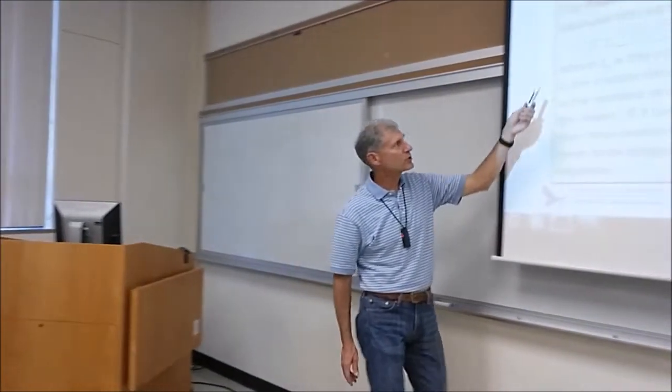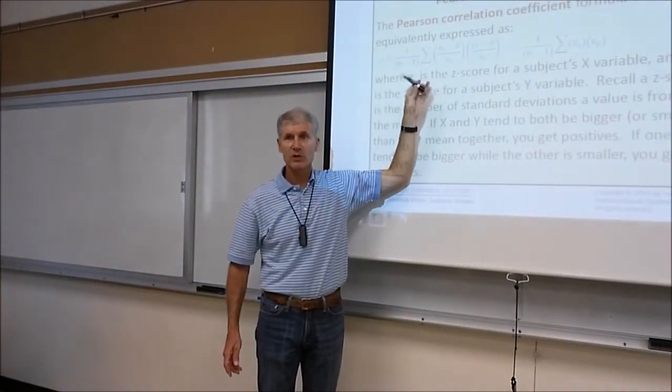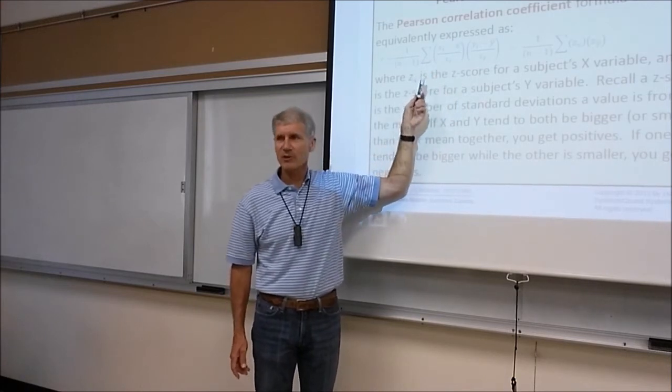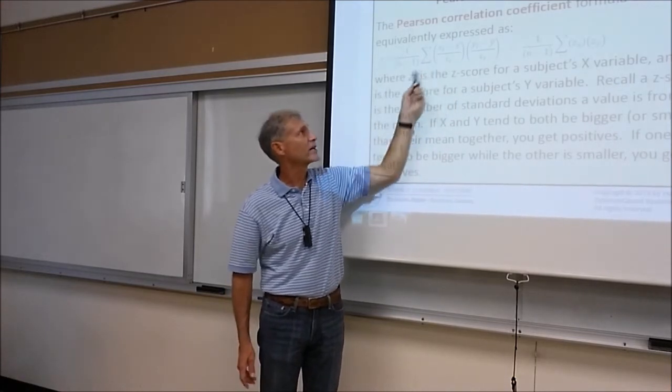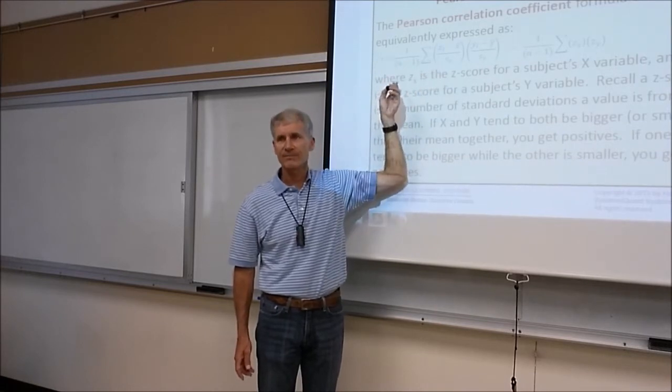But here's the one I want you to know. And again, I won't make you use this formula, but I may ask you questions about it to make sure that you understand it. It's a lot of algebra, but you can show that this equation is algebraically equivalent to the one on the previous slide.